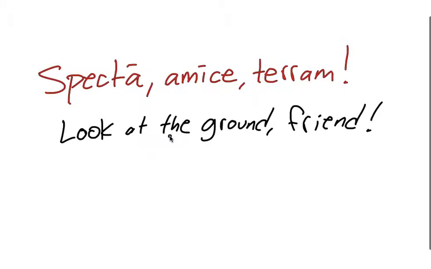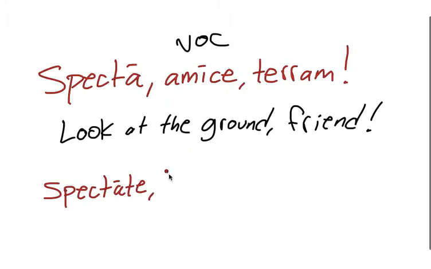Okay, and so here's our vocative. It's post-positive, it comes after the imperative, and then here's the direct object. If we wanted to make this sentence plural, then specta would be spectate. Okay, amice would go to amici.